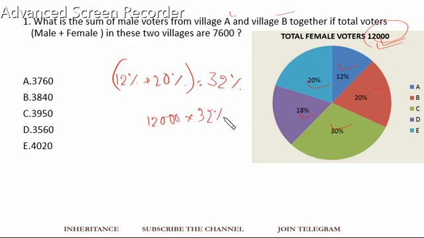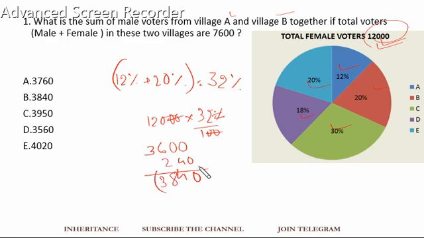If we cancel the percentage, it will be 120 into 32. 120 into 30 is 3600, and 120 into 2 is 240. So it will be 3840.